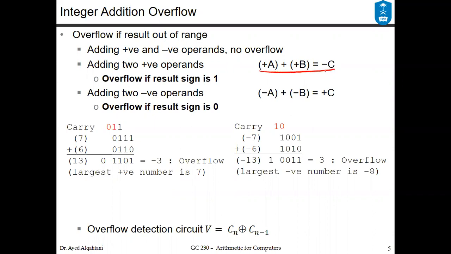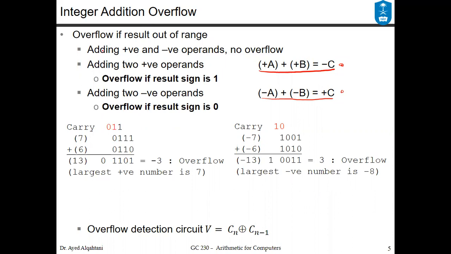So this will cause an overflow. Similarly, if you add two negative numbers and you find that the result is positive, which is unexpected, this is because of the overflow. These are the two cases of the overflow for the integer addition.